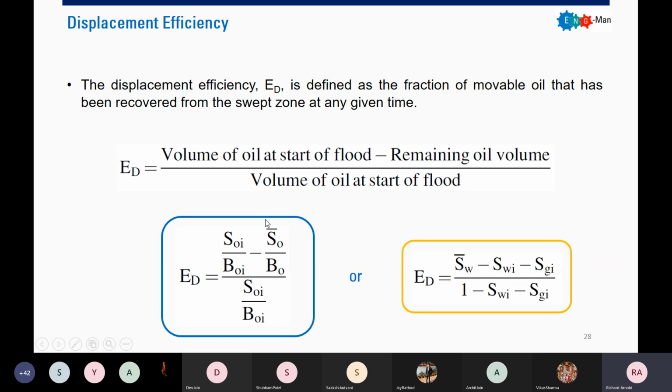Numerically it can be calculated this way or this way. And it's easy actually. Initial water saturation and initial gas saturation can be obtained from core analysis or log analysis. But the big question is, how can we estimate this average water saturation? It's not that easy.